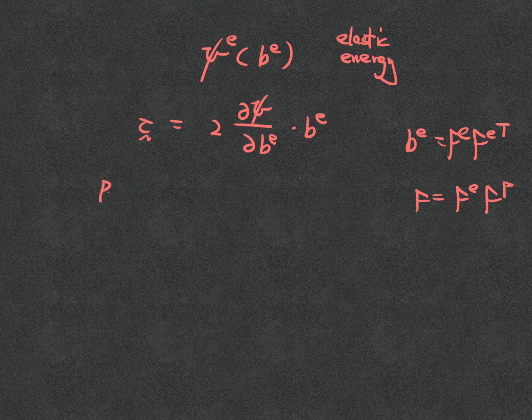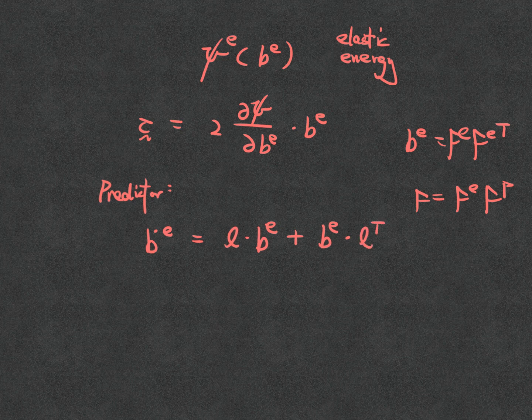I will have a predictor step, B^e dot, which is equal to L B^e plus B^e L^T. Does that make sense? I'm just skipping some steps there. Okay?